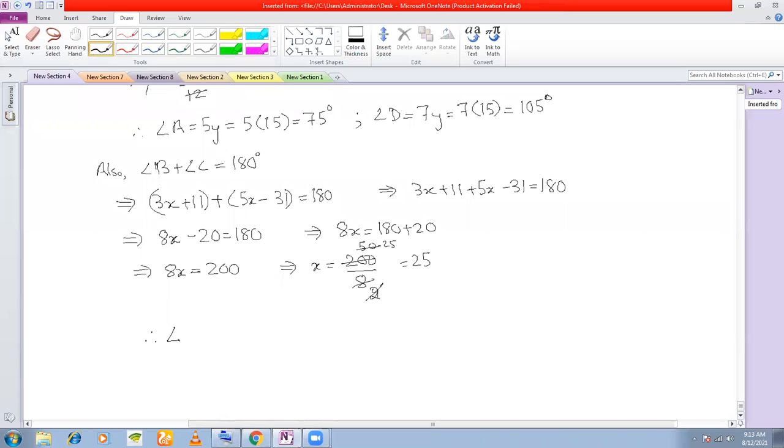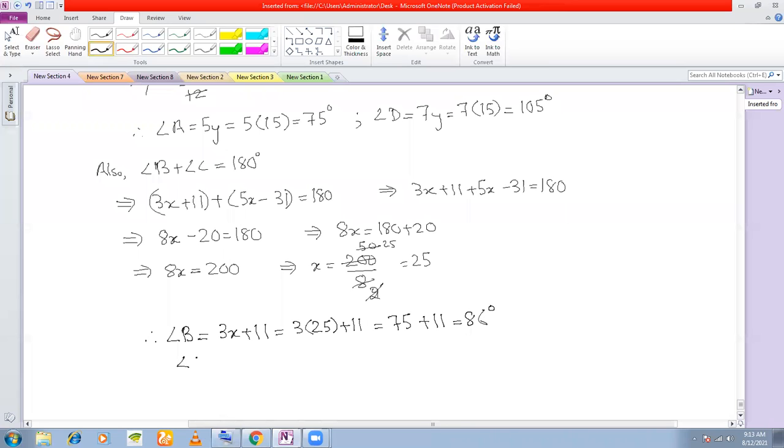So therefore, what is angle B? Angle B was 3x plus 11. Put the value of x. 75 plus 11 is equal to 86 degrees.